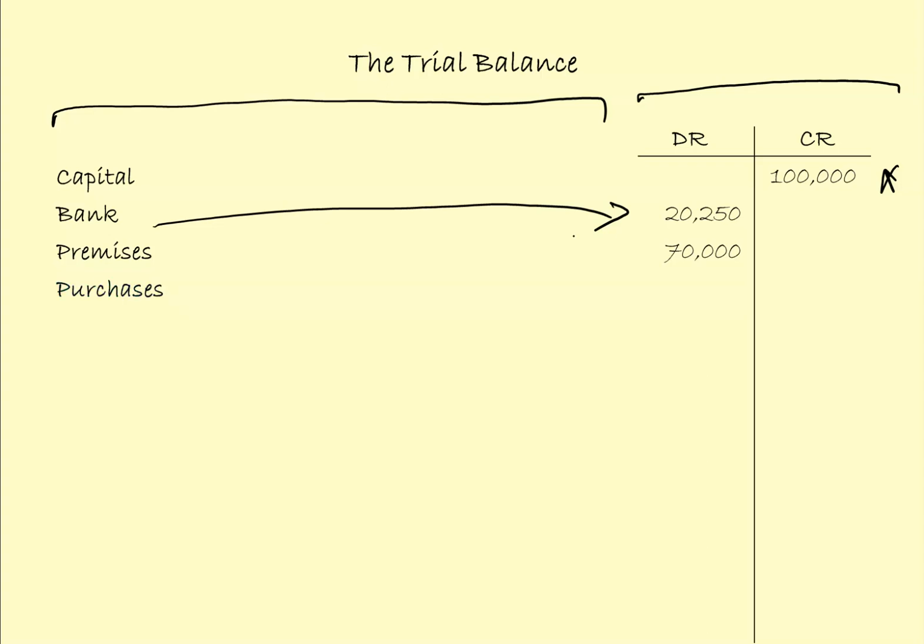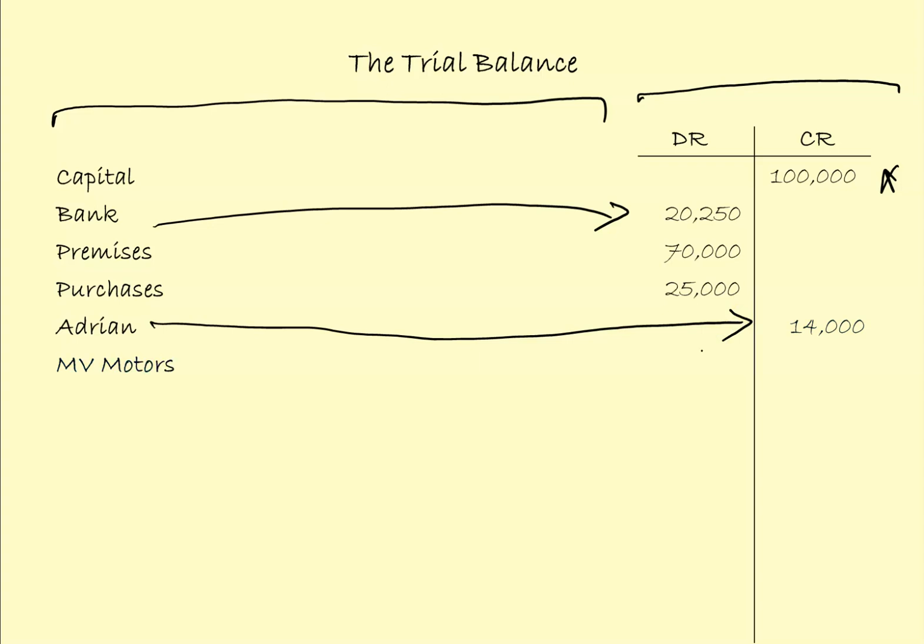Purchases are always on the debit side, so I expect to find that figure on the debit side, which I do, 25,000. Adrian is a creditor, so the balance on Adrian's account will be on the credit side. That's 14,000. MV Motors, they are also creditors, 16,000.